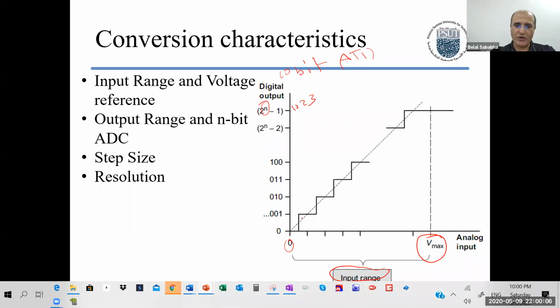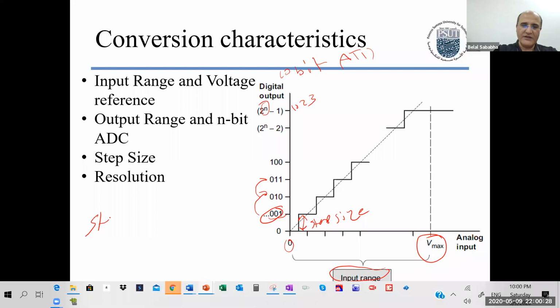Now this is called the step size. The step size is the amount of voltage that needs to be sensed to be able to move from one number to the next number.